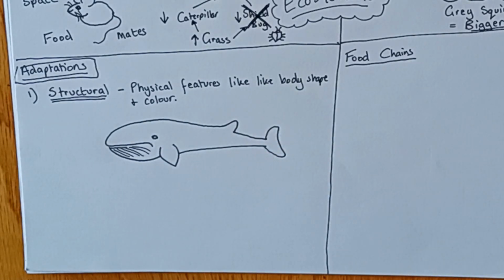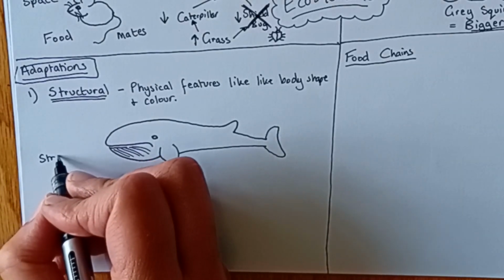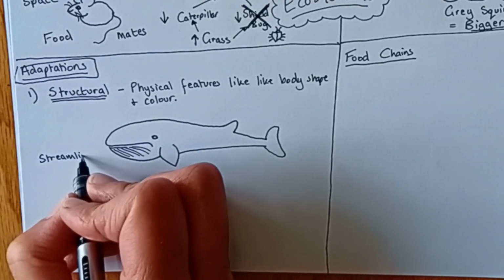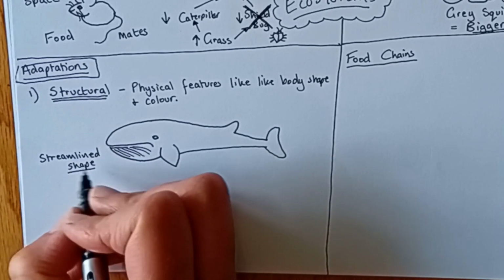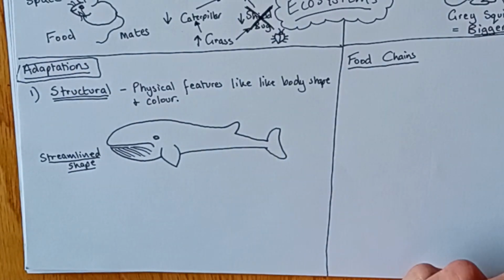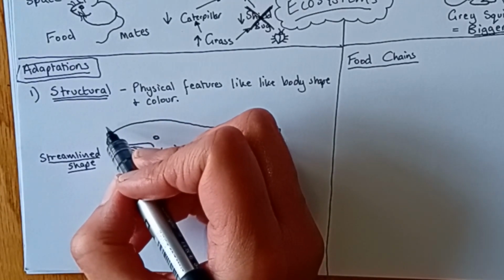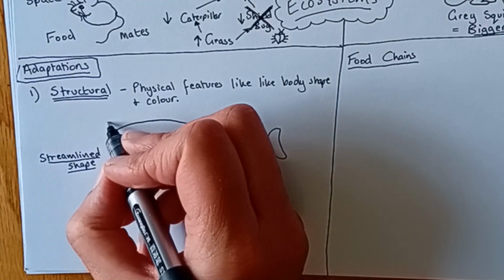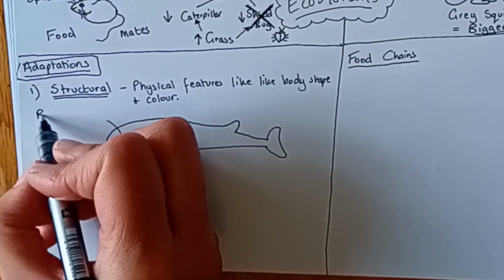So the structural adaptations of whales is that they are a streamlined shape. And they have a big mouth with special hairs for teeth to filter out the krill, or this type of whale does.